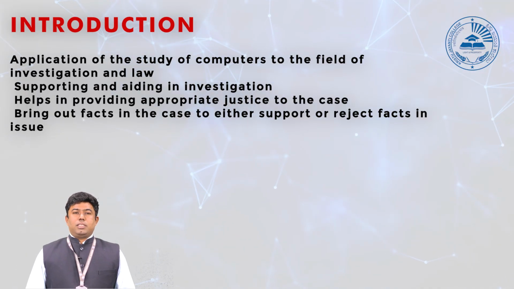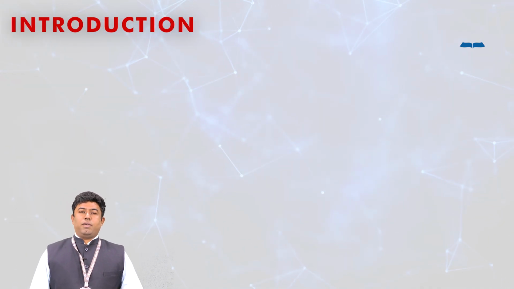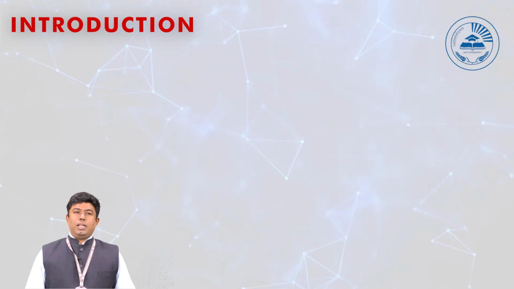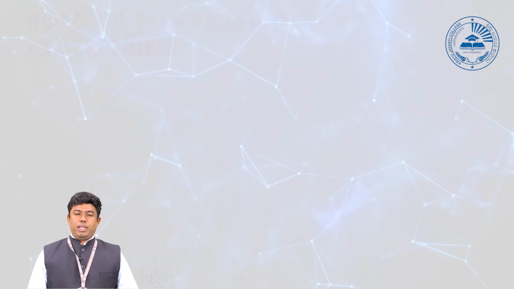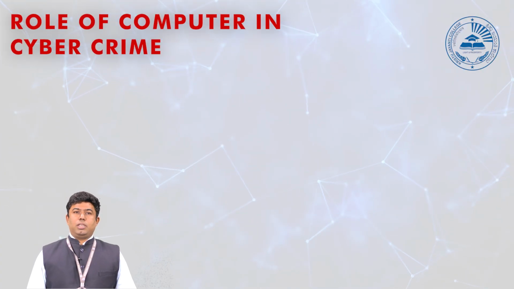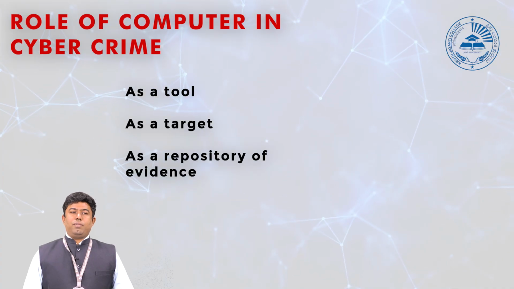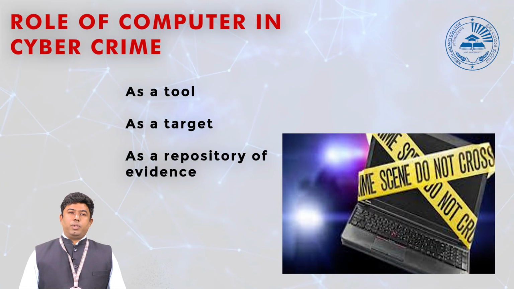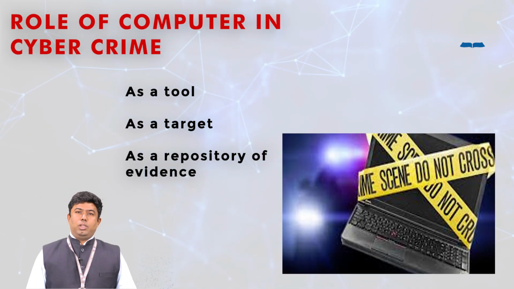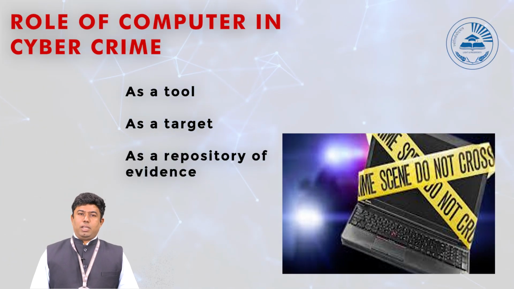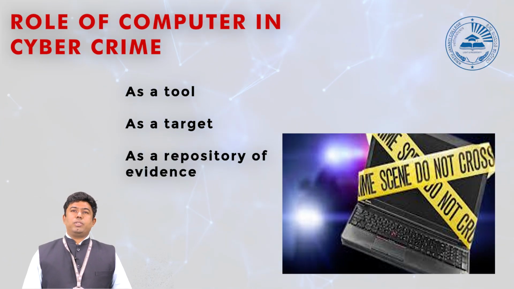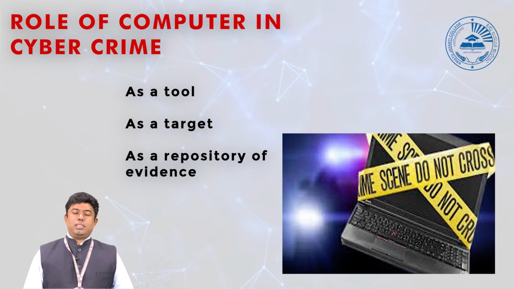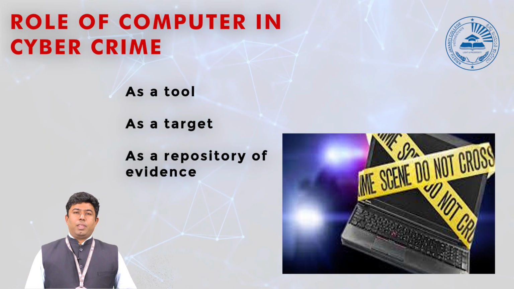In digital forensics, we also deal with cases of cybercrime. In order to understand how a computer device or a digital device is used in cybercrime, we have three main categories. A digital device or a computer system may be used as a tool to commit the offense of cybercrime, or it can be used as a target where a particular device has been targeted for committing this crime.